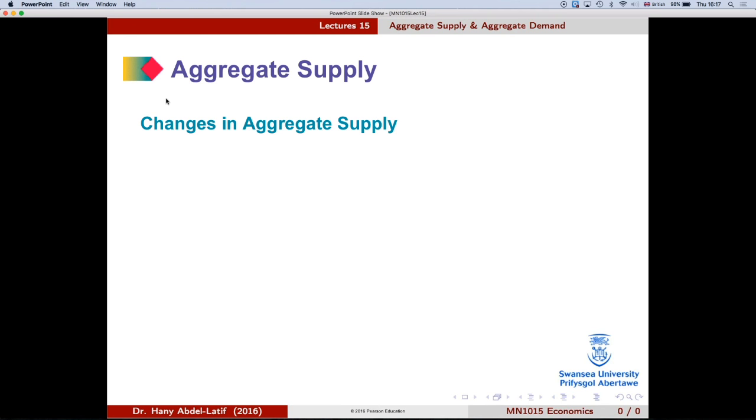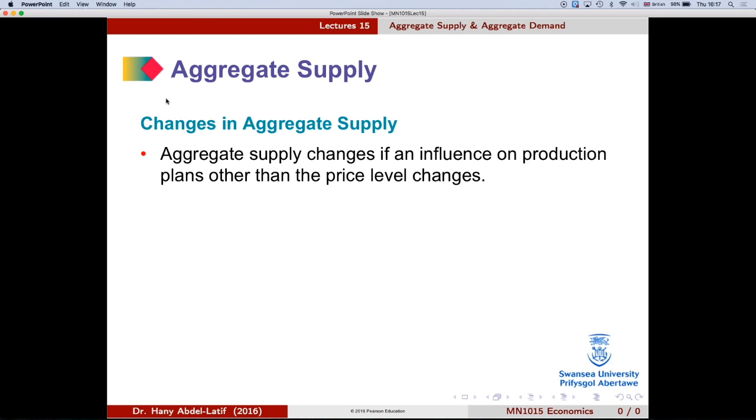So what we want to know now is what would shift the supply curve. Okay, but now we have two curves: the long run aggregate supply and the short run aggregate supply. So first of all, let's look at the long run aggregate supply.